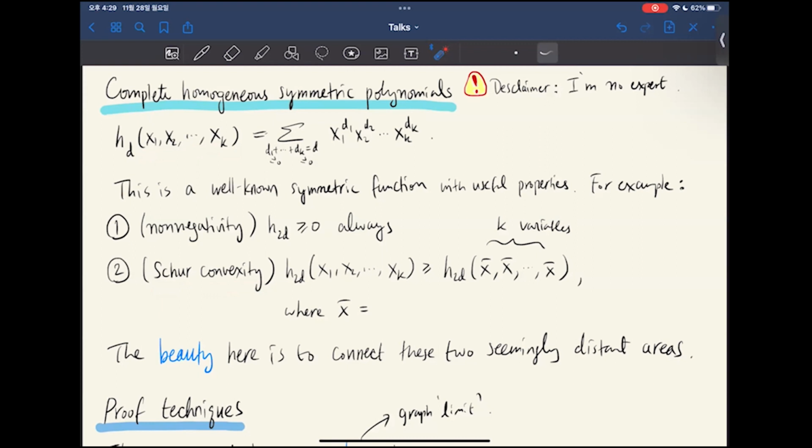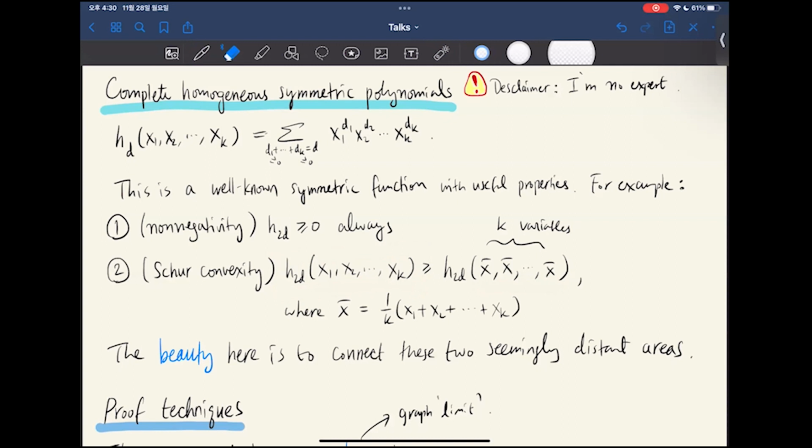Here I wrote a consequence of Schur convexity, because it takes a minute or two to define it very precisely, and I think this version is enough to roughly understand what it means. It states that whenever I take the even degree complete homogeneous symmetric polynomial in x_1 up to x_k, and plug in x bar, which is the average of x_1 up to x_k.